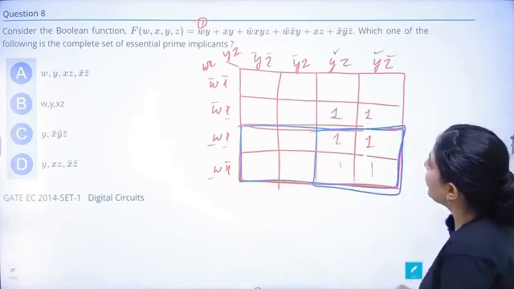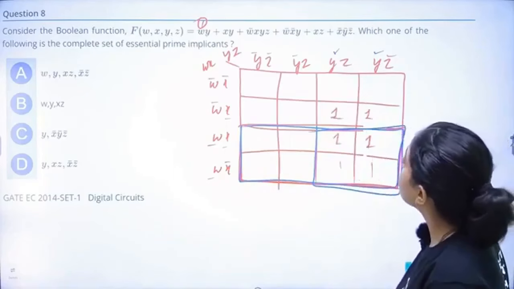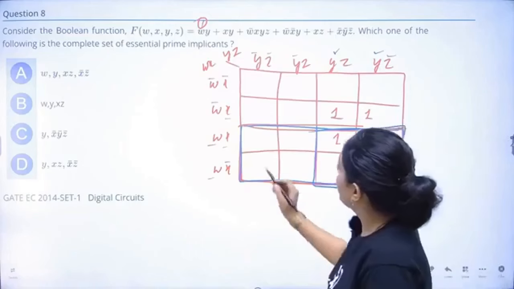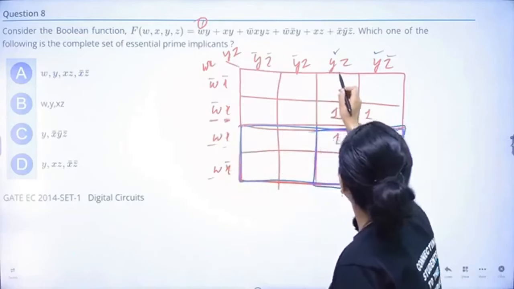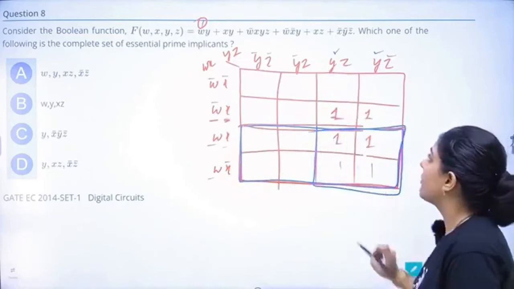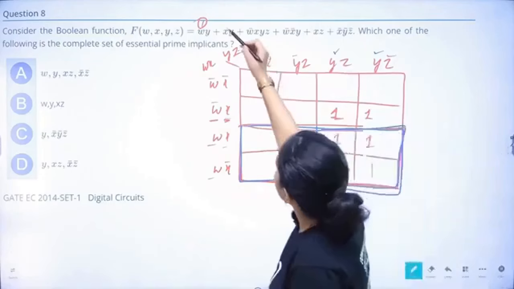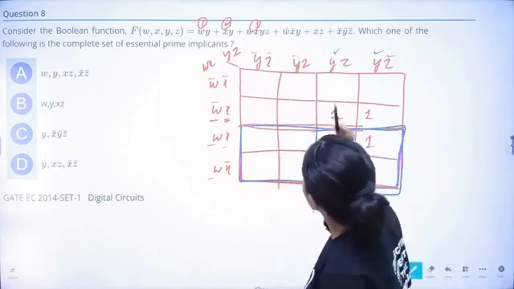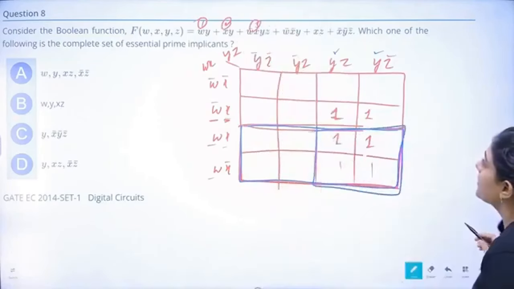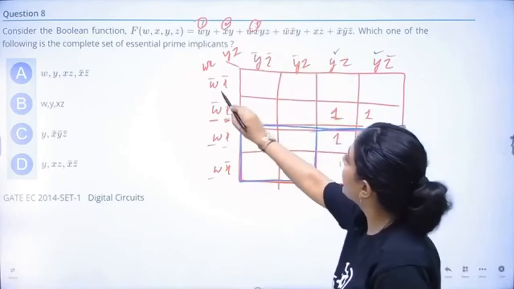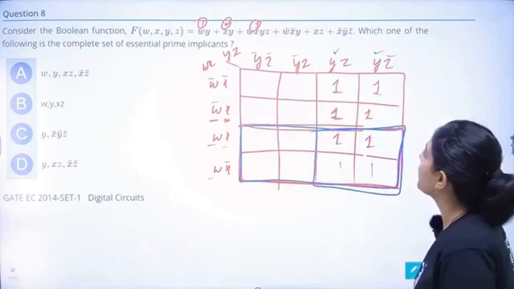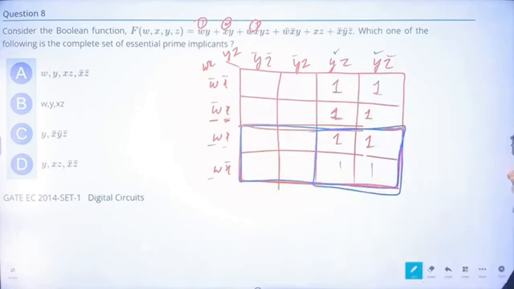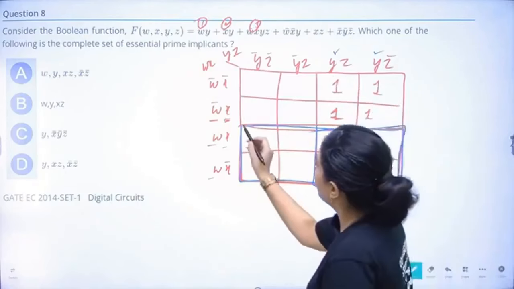Written it. Next one is W bar X Y Z. So it is W bar X, Y and Z. One, it is right. Second, third is done. Now the fourth term is W bar X bar Y. W bar X bar, Y is positive here and Y is positive here. Next term is X and Z. X is here, like this.